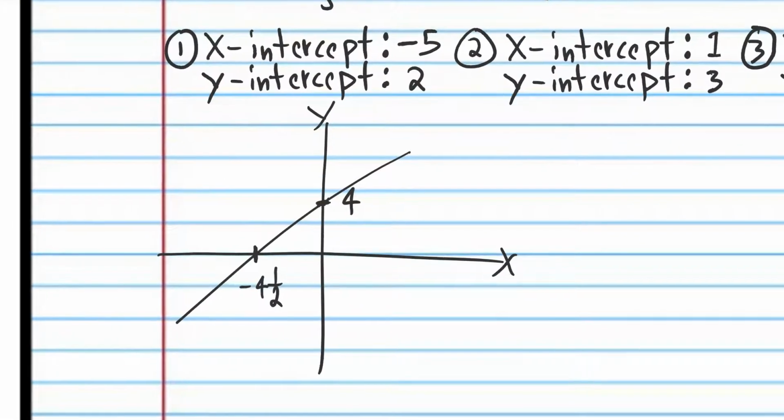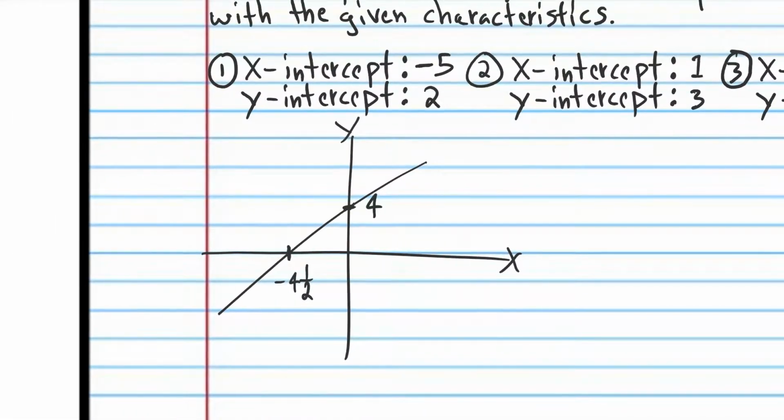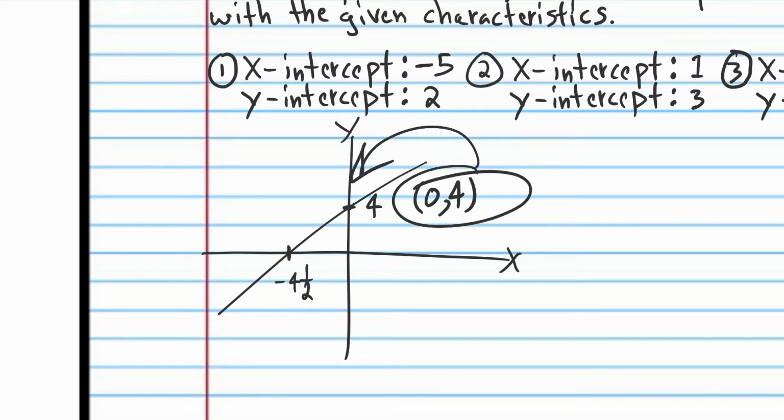So we learned in a previous class that when a point is on the y-axis, the x value must be 0. So this is the point on the y-axis, the y-intercept. So this is what I mean when I say you can write it as an ordered pair.